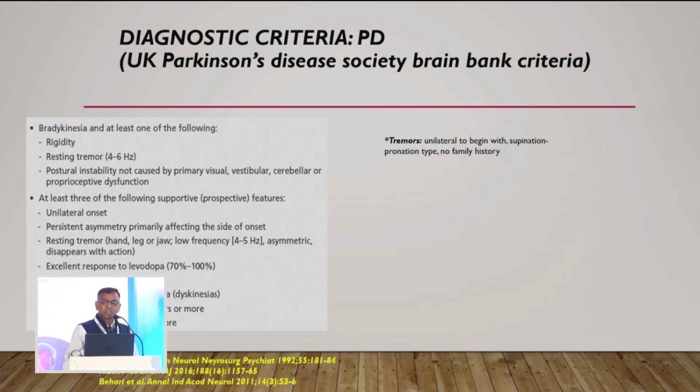Patients are giving partial response, but in Parkinson's disease, the patient has to have a dramatic response to levodopa plus carbidopa. Most of the symptoms improve. That's when you call it idiopathic Parkinson's disease. And of course, it is a progressive disorder, with levodopa response, and later on you may find patients developing dyskinesias, and a clinical course of 10 years or more.